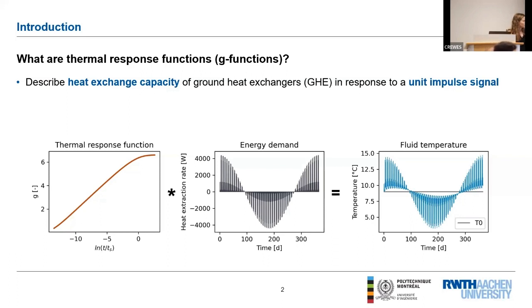And this is very practical because this convolution operation is super fast and efficient. So we can make predictions of the fluid temperature for several years. And that's the reason why those G functions are commonly used for the simulation of ground heat exchange systems.